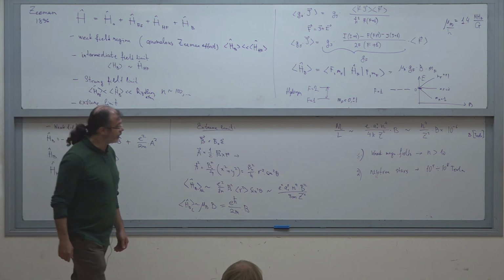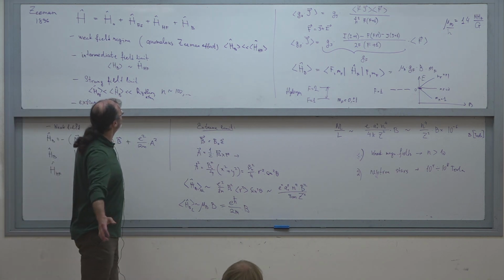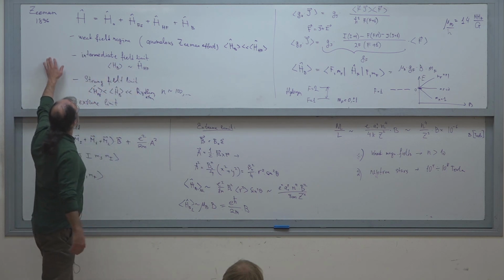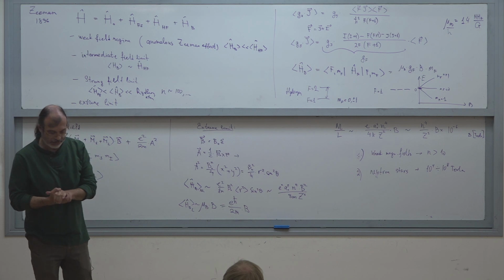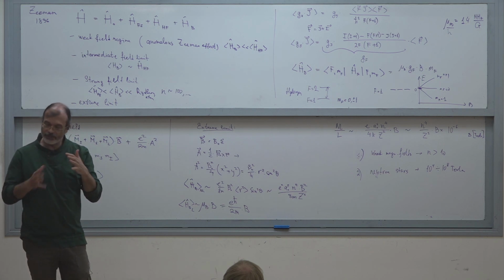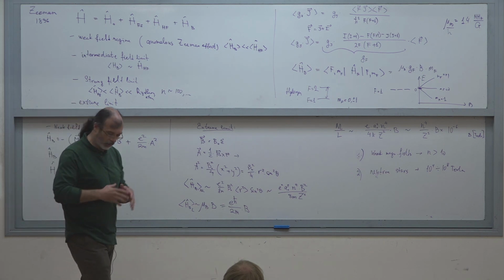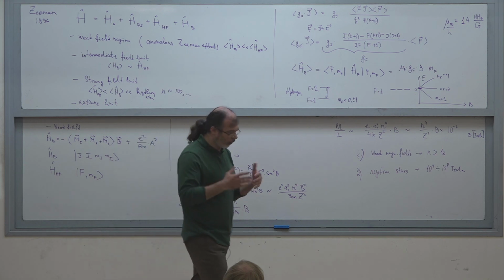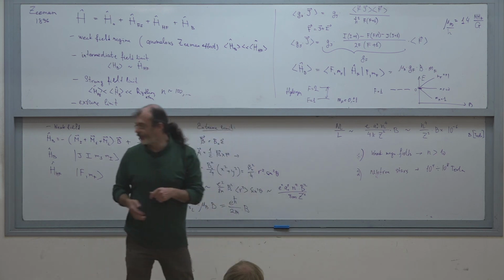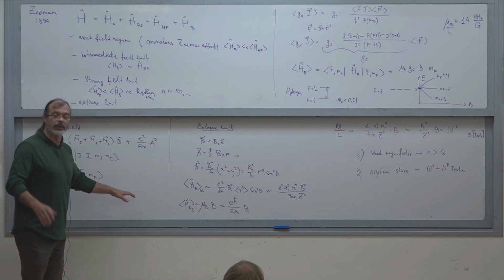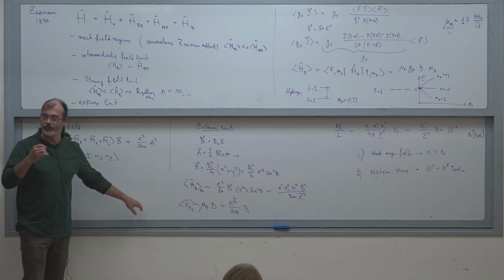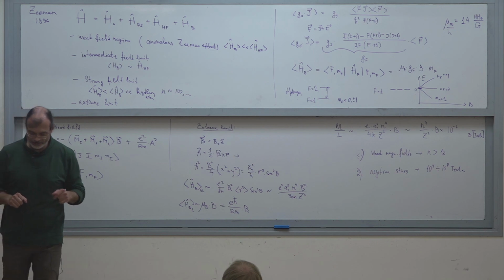In other situations, it's enough to know about weak, intermediate, and strong field limits. All these limits will be relevant for different atoms depending on what levels you are working or what magnetic field you are working, or both. So that's the end of the story from my point of view about the magnetic field.